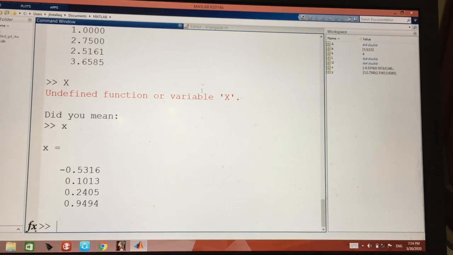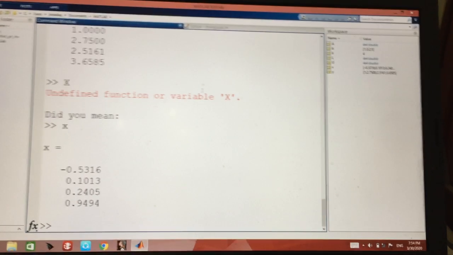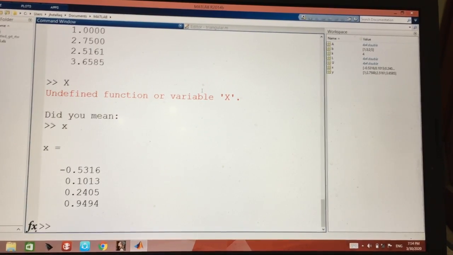This should equal X should equal A inverse times B, which is written in MATLAB as inverse of A times B. Okay, if we do that in MATLAB, we know now X. Let's see, this is X, okay.